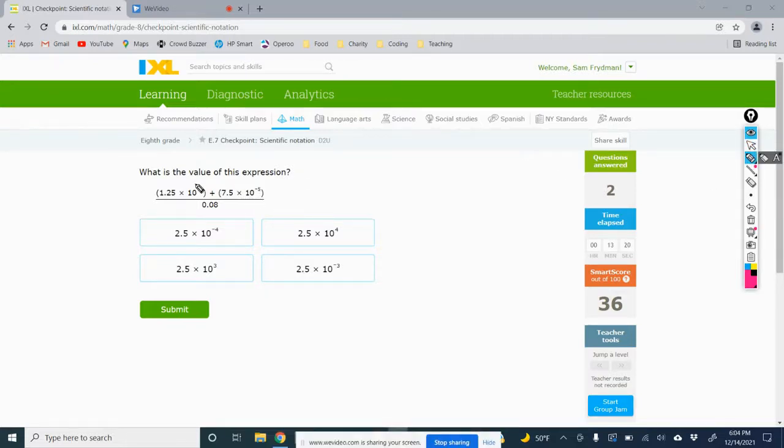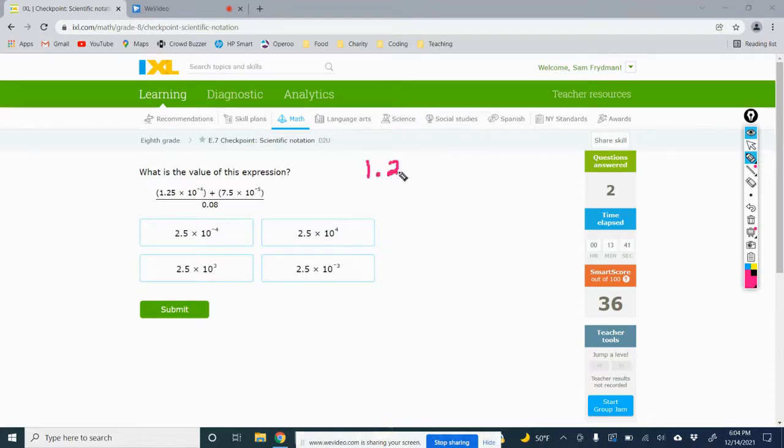So what we need to do here is take one of these numbers and rewrite it so that this exponent here is the same as the other number. And we can choose either one. I'm going to take this one, which is the larger number because negative 4 is larger than negative 5.